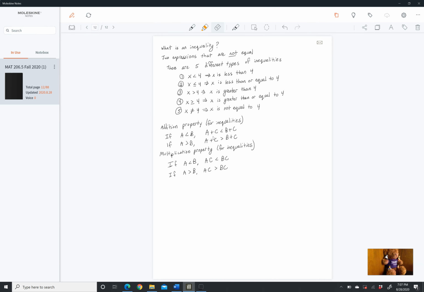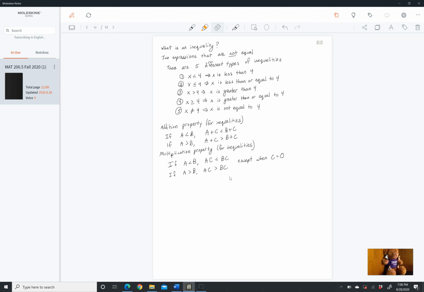And that exception is if C is equal to 0. Because if C is equal to 0, then when we multiply by 0, both sides become 0. And we wind up getting the same thing on both sides. So these would turn into equal signs. So except when C equals 0, because anything times 0 is 0. Okay.